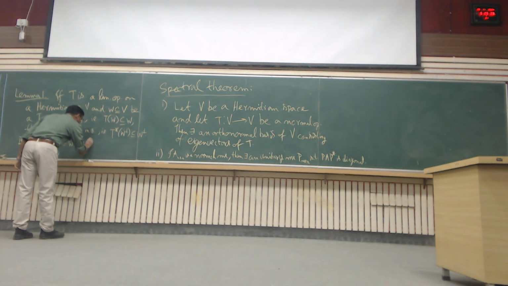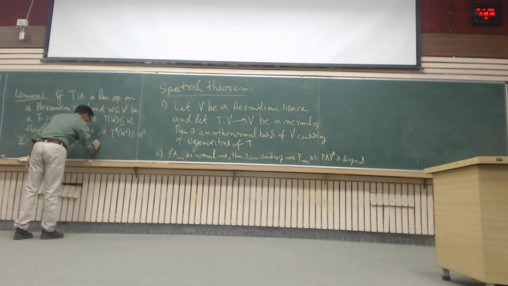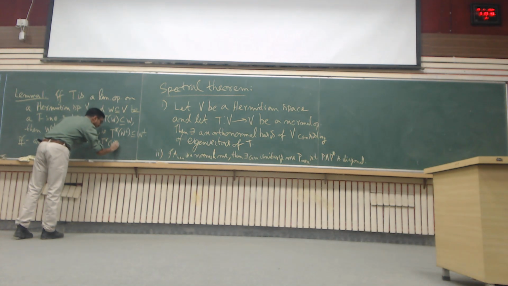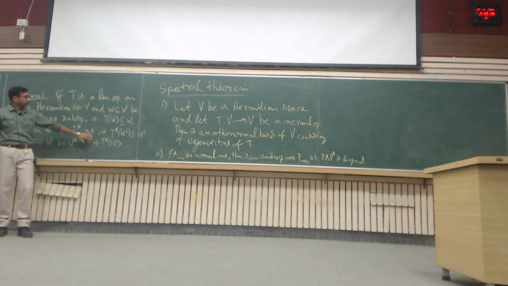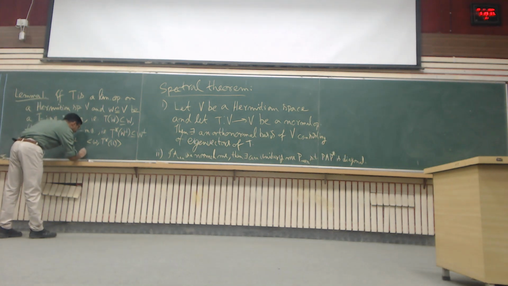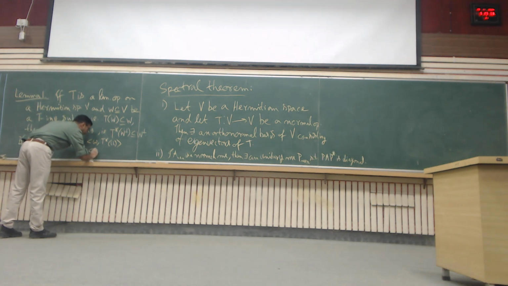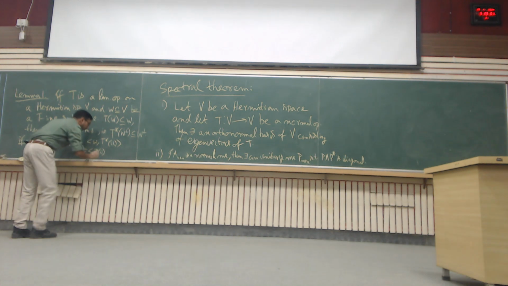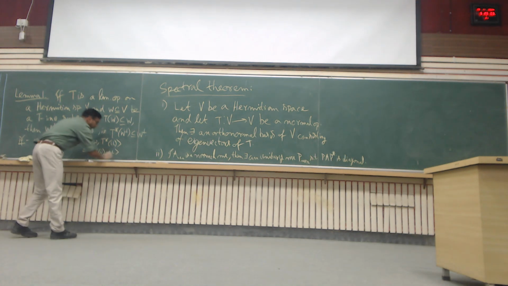So consider that. Let's consider the inner product of w and T star u. Note that this T was an arbitrary linear operator. It was not assumed to be normal or Hermitian or anything. It was just a linear operator. And we showed yesterday that this is then equal to the inner product of T w and u, right?